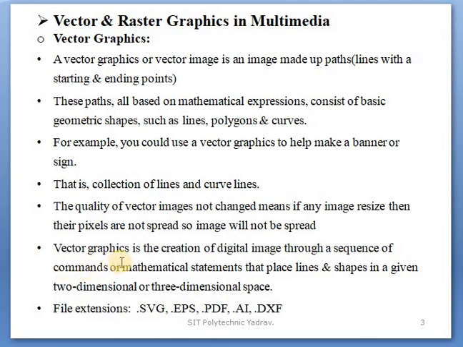Next, vector graphics is the creation of digital images through a sequence of commands or mathematical statements that place lines and shapes in a given 2-dimensional or 3-dimensional space. Means what?